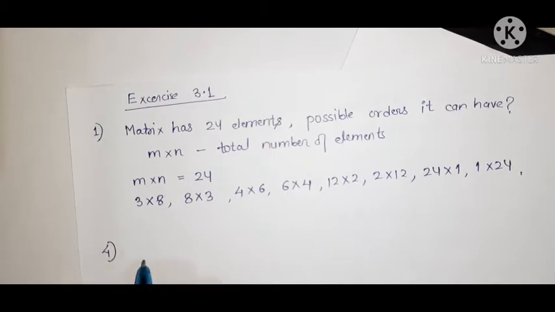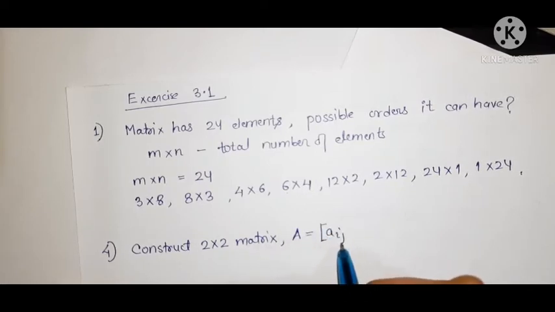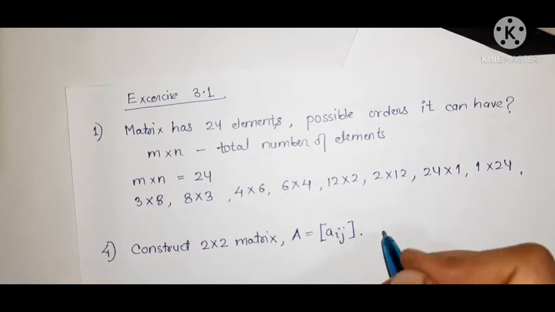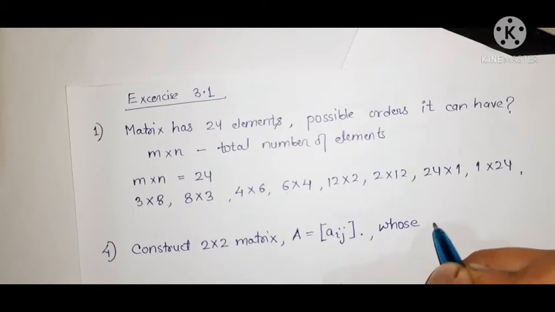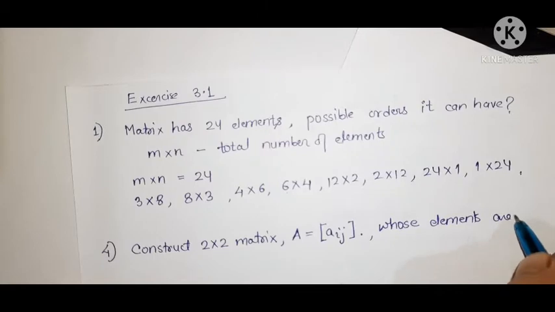Here you have to construct a 2 by 2 matrix, and the general form is given as A equals Aij, but here the elements are given by, means each and every element.